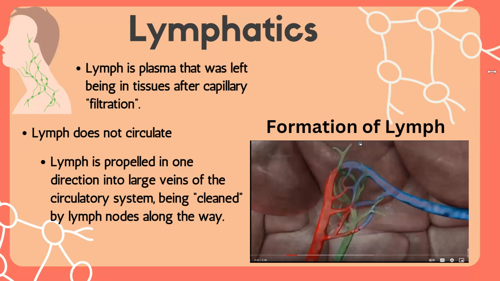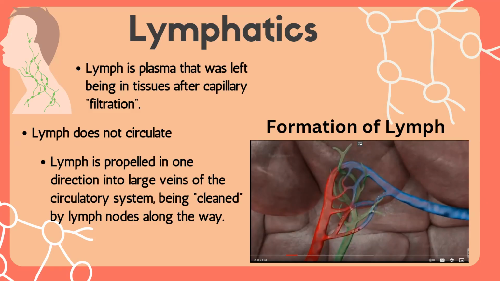Okay, so our lymphatic system is very closely related to our circulatory system. So lymph is the plasma or the fluid portion of blood that ends up being left in the tissues after our capillaries filter all the nutrients and waste out.